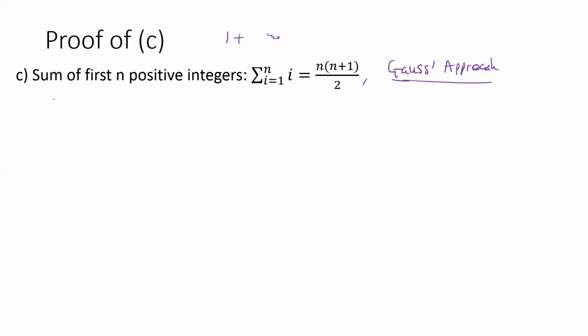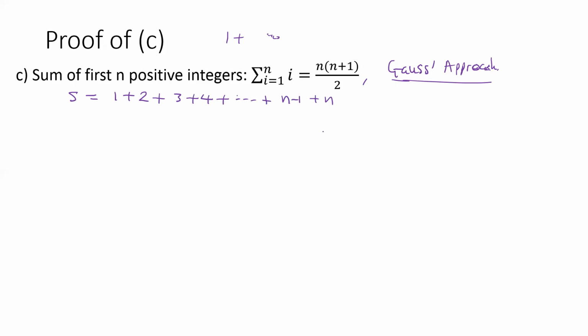So we're going to write the sum of the first n terms. We're going to denote this by S, and it will be 1 plus 2 plus 3 plus 4 plus all the numbers, the next one will be n minus 1, and the last one will be n.